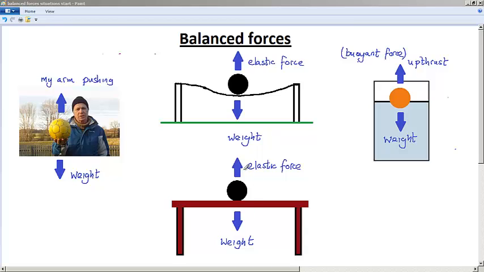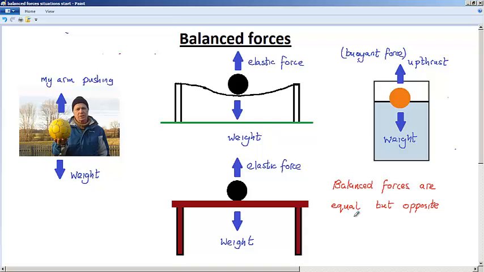And as a result, they cancel each other out. So, balanced forces are equal but opposite. That's to say, they're the same size but act in opposite directions, and so cancel each other out.